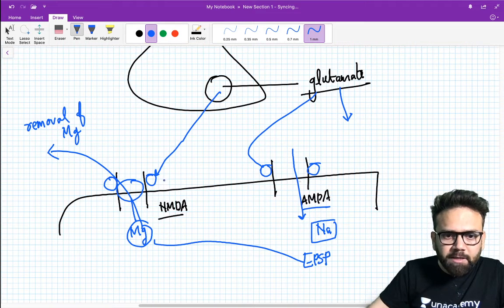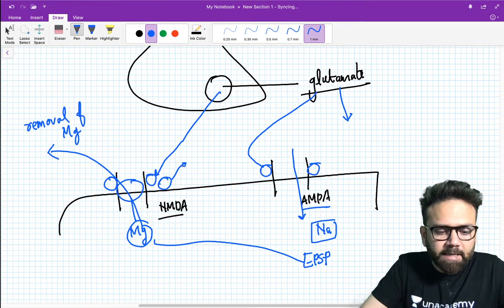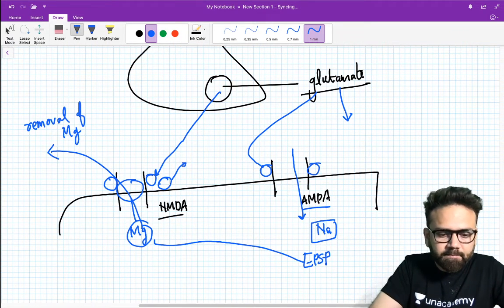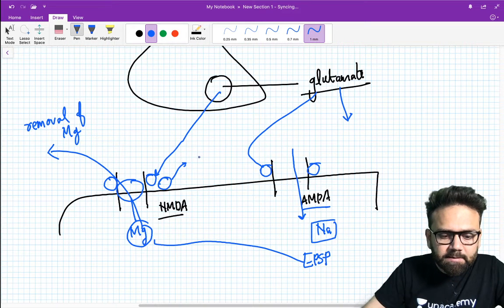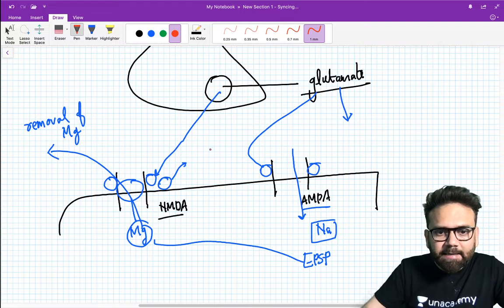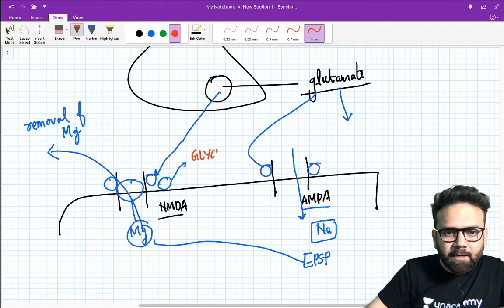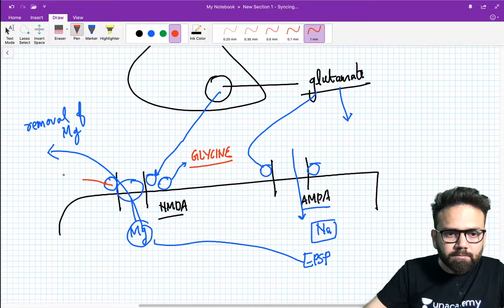But one more thing needs to be attached here to activate your NMDA receptor. What is that? That is glycine. Until glycine is attached to the NMDA receptor, it cannot be activated. So NMDA wants glycine and NMDA wants glutamate, both.